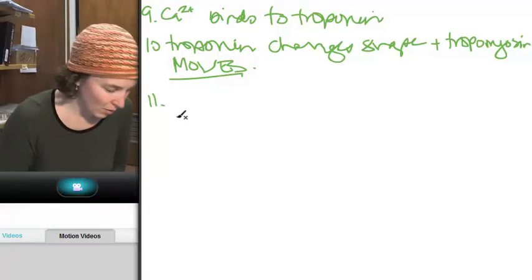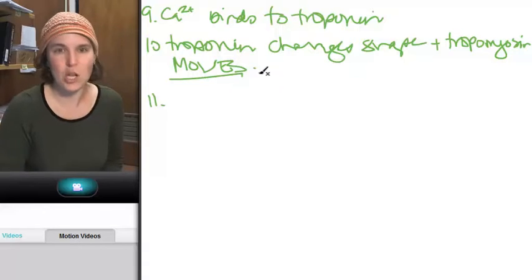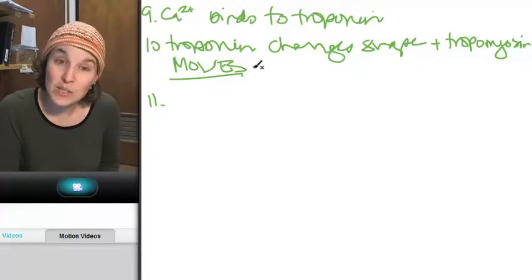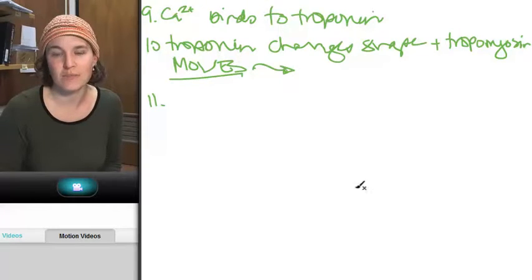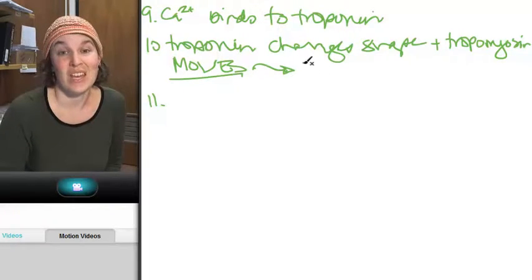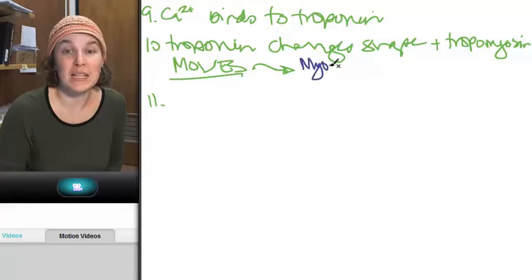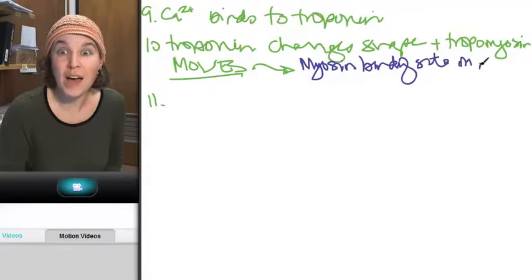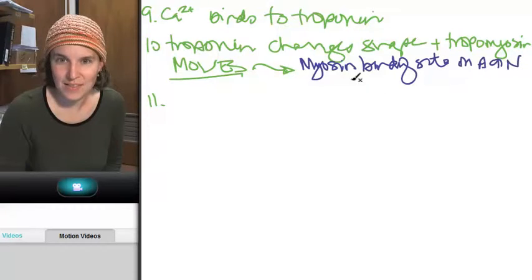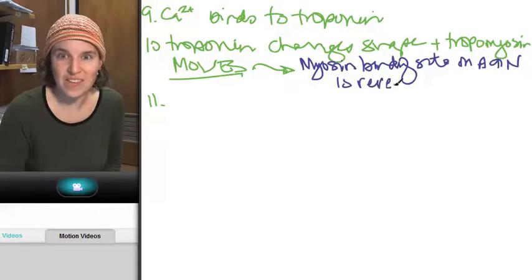It's still number 10. The consequences of tropomyosin moving are what? The myosin binding site on actin is revealed.